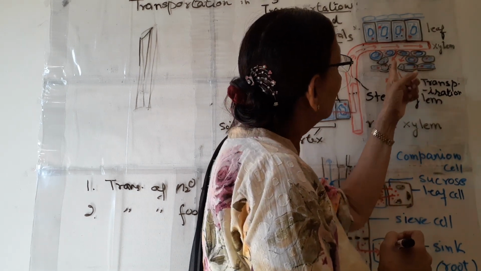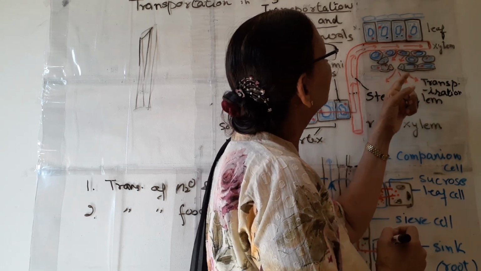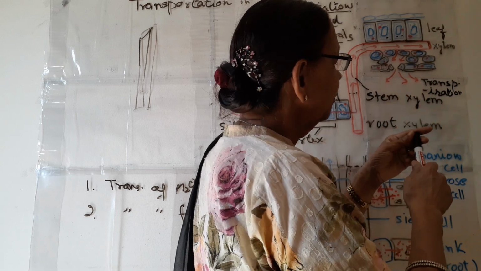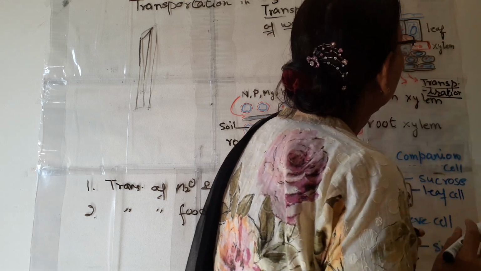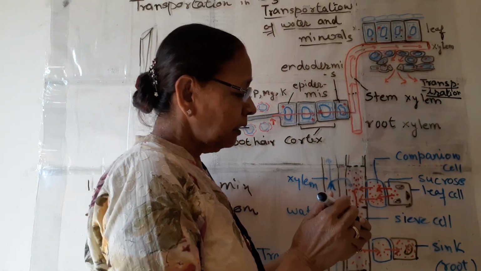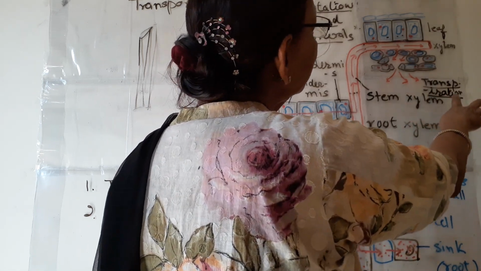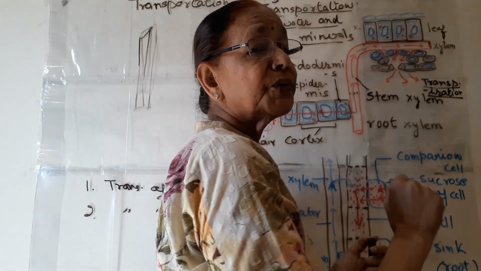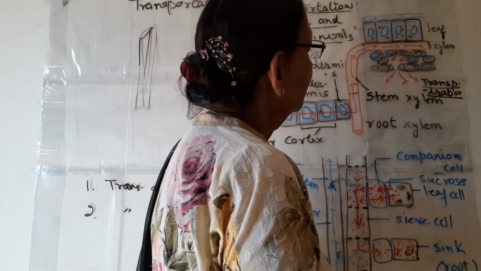This coming out of water in the form of water vapor from the stomatal opening of the leaf is known as transpiration. So, note the word transpiration here. Transpiration is water vapor coming out from the stomata, accumulated in the air sac.